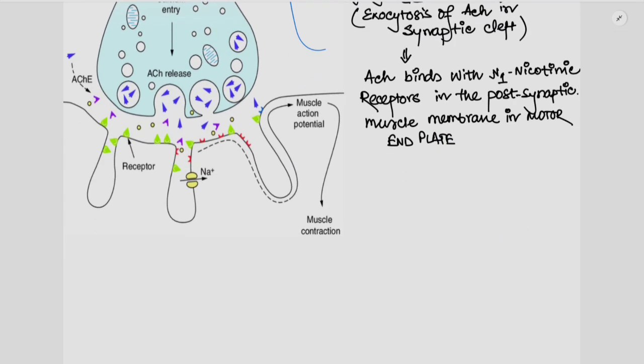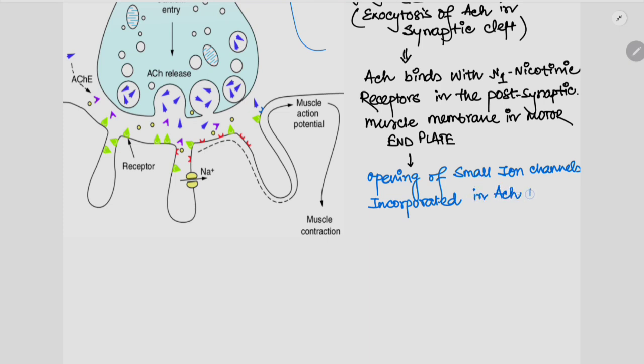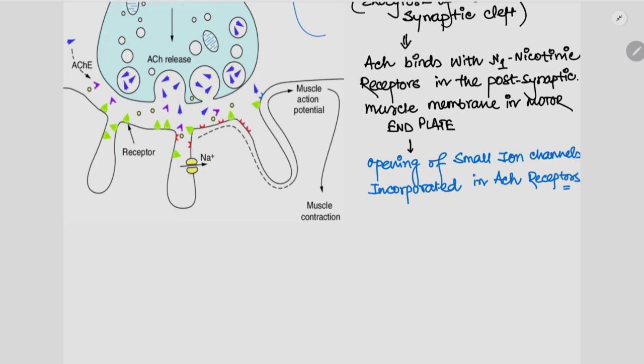then opening of ion channels incorporated with acetylcholine receptors. So here is opening of sodium channels, right? Those ligand gated sodium channels. Basically there are two types of channels here.